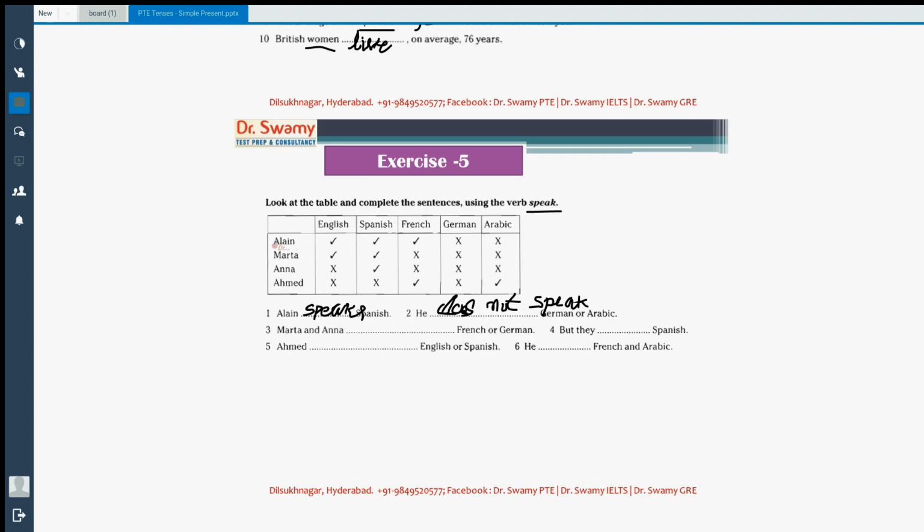So Martha and Anna. Martha and Anna are two people. And then what about French and German? Martha and Anna, both of them are not able to speak. So because two persons are there, you have to use do not. So do not speak.